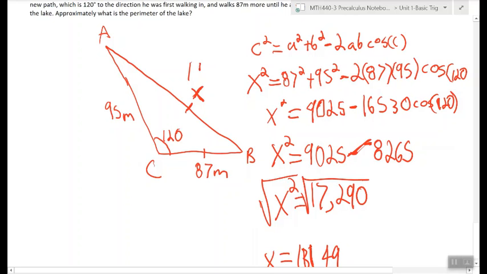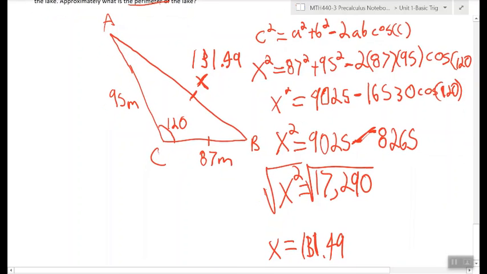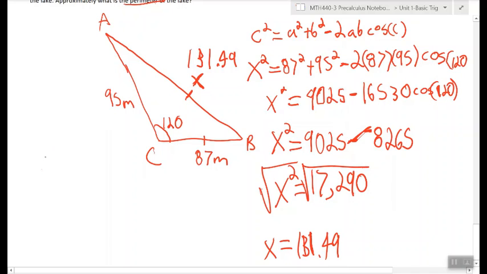Our third side is 131.49, but that's not the end because we need the perimeter, so we're going to add 95, 87, and 131.49.